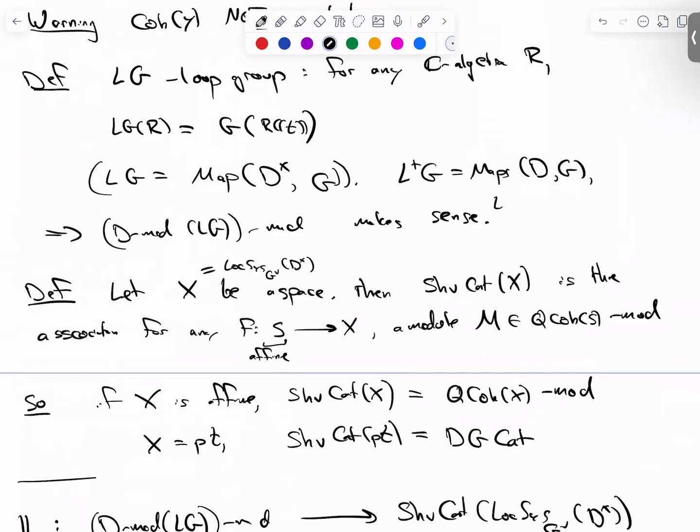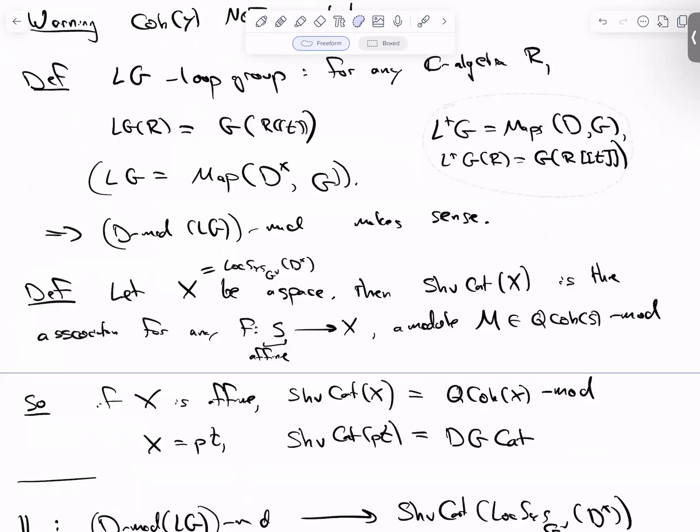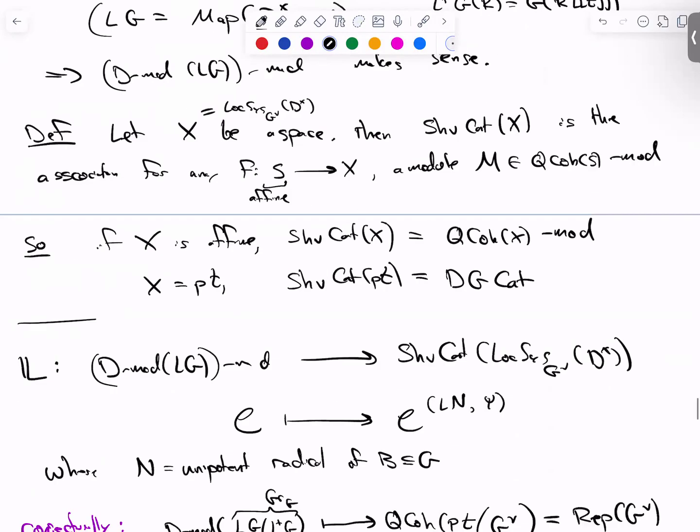Then our points are just matrices with formal power series with no poles. Okay.